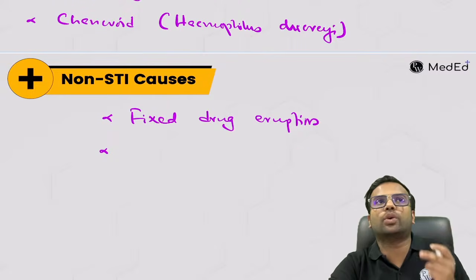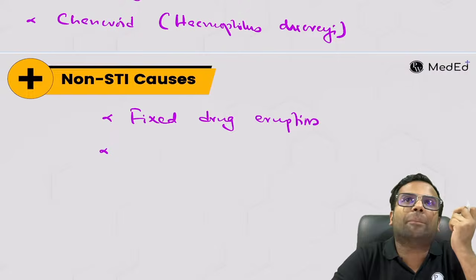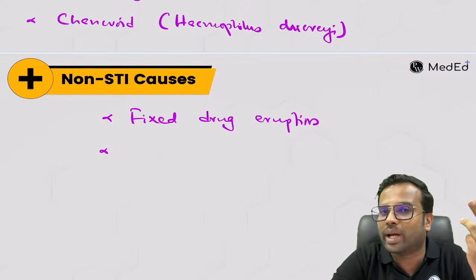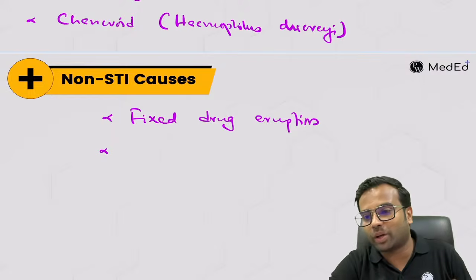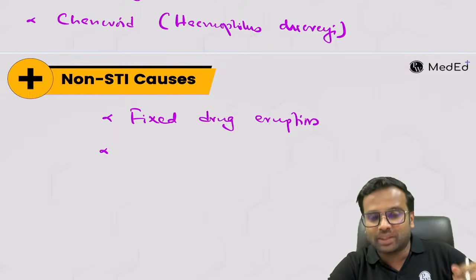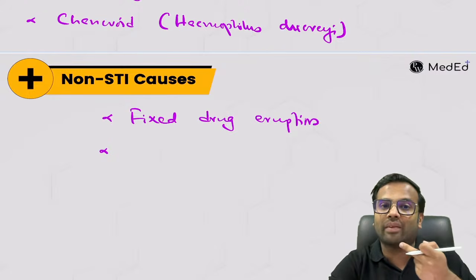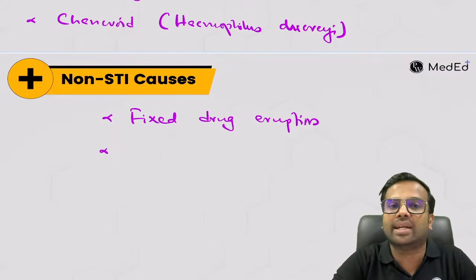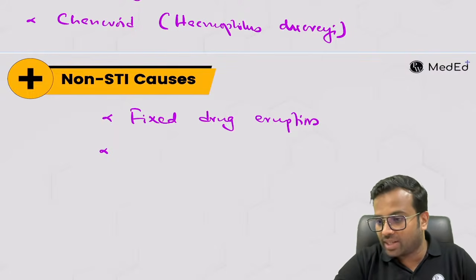Another disease where you get recurrent aphthous ulcer, genital ulcer, and anterior uveitis. Now, any idea what I am talking about? There is a recurrent ulcer in the genitalia, a recurrent ulcer in the oral cavity, like aphthous ulcer, as well as some eye symptoms like anterior uveitis. What is that?